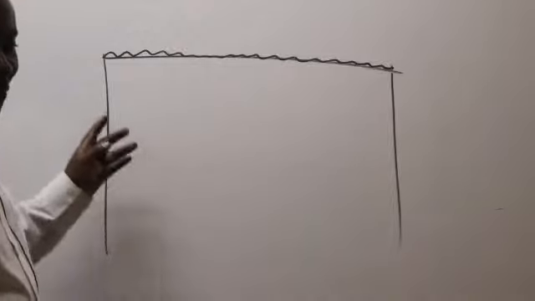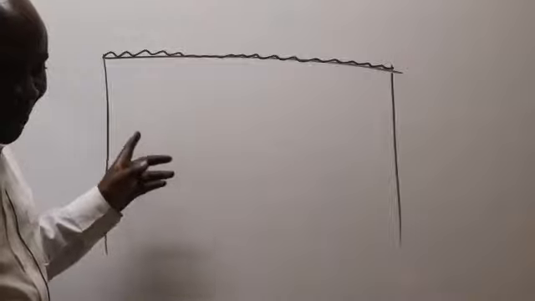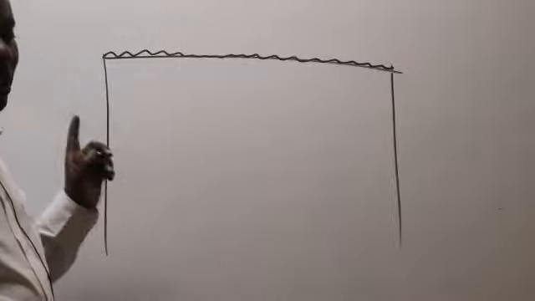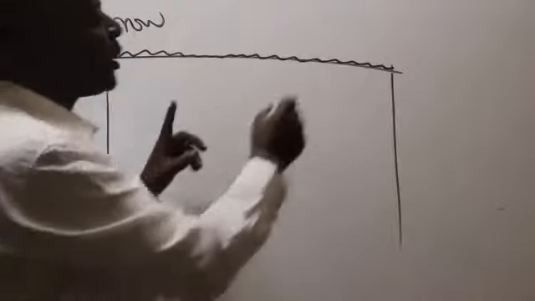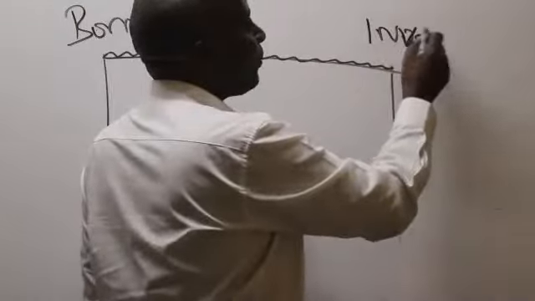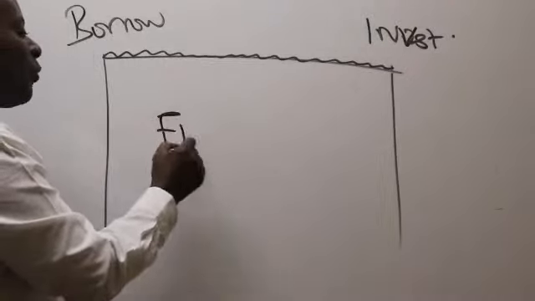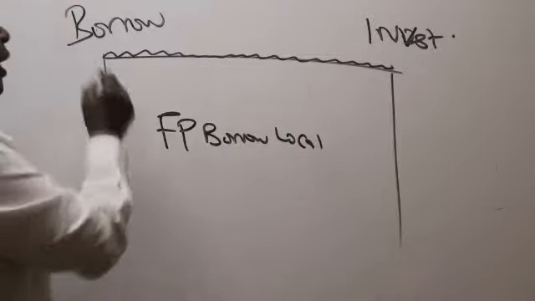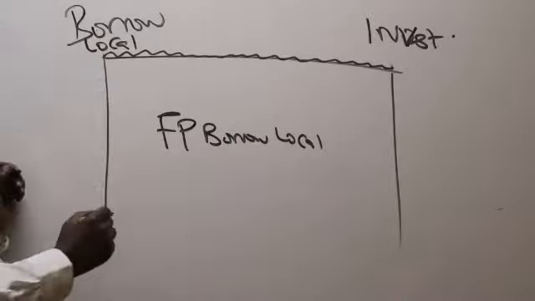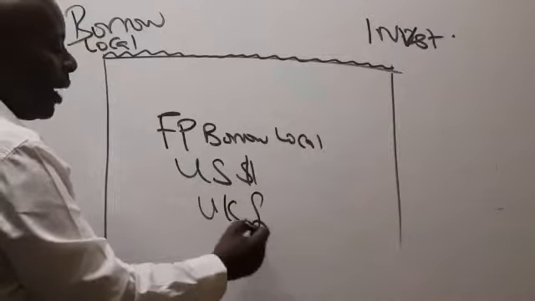Ladies and gentlemen, from there, the table must be drawn. For the first leg, what do we write? We say borrow. The first leg is always borrow. The second leg, we say invest. We are using this concept of foreign payment, so we borrow local. Remember, we have two currencies: the US dollar and the UK pound.